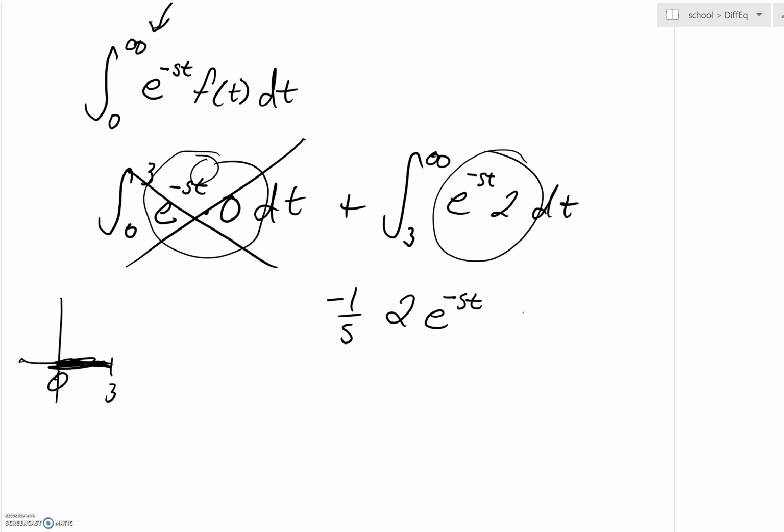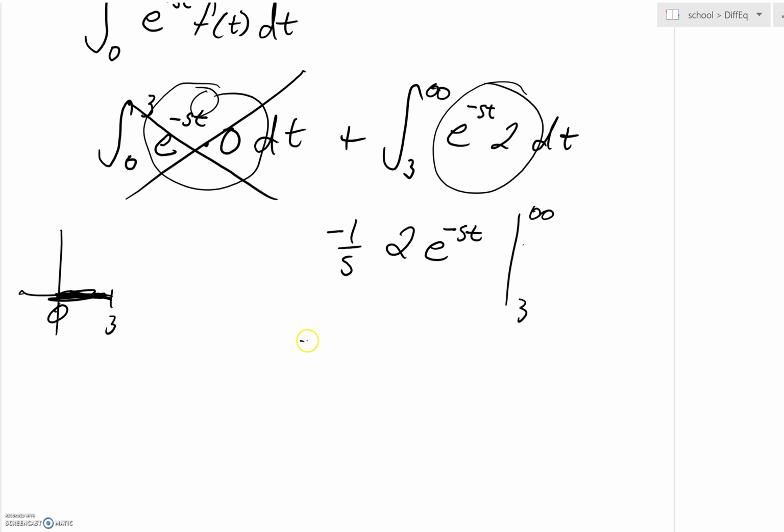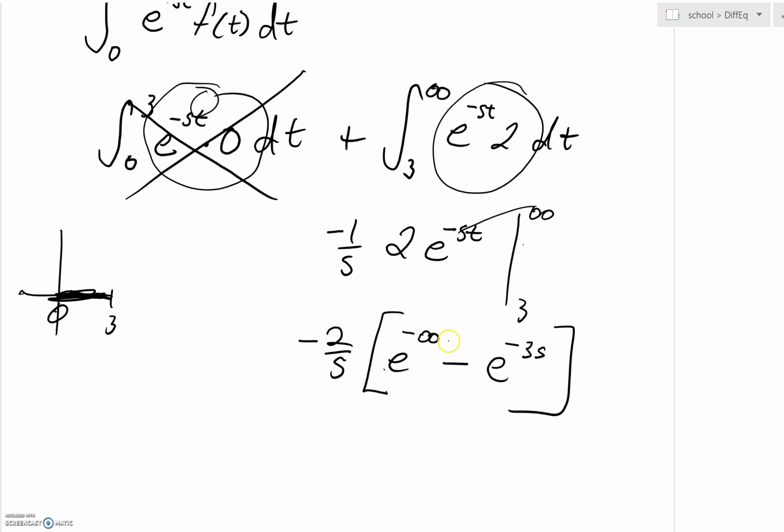Okay, but as we're working this thing out, we're just trying to finish that. Once again, here's negative 2 over s, and this would be e to the negative infinity minus e to the negative 3s. But we talked about what e to the negative infinity is.